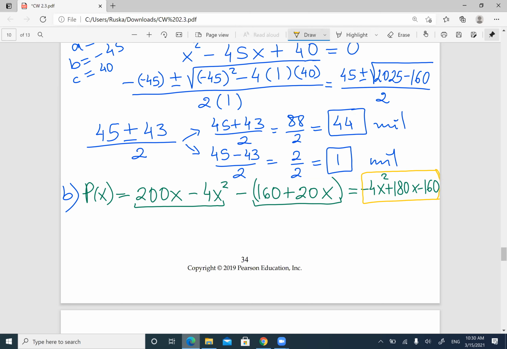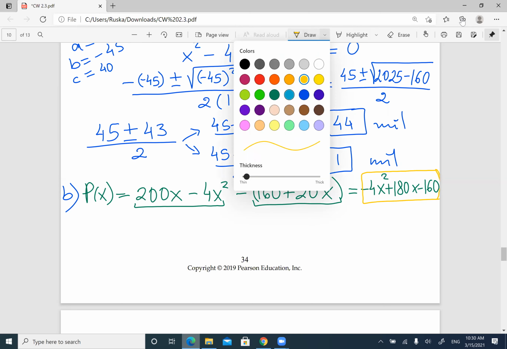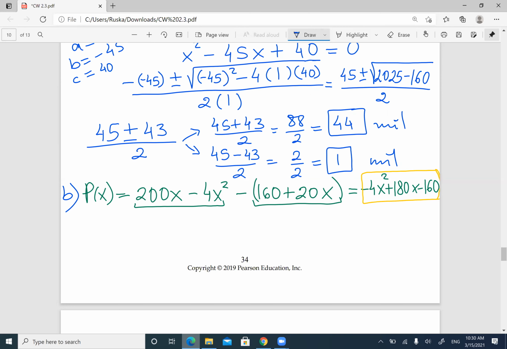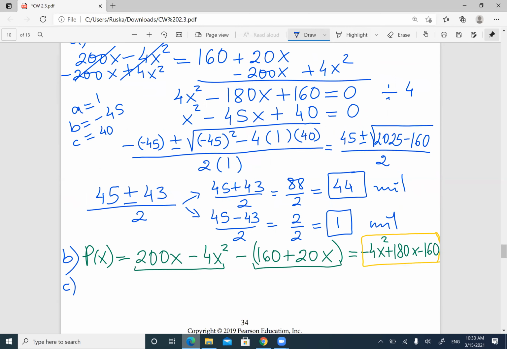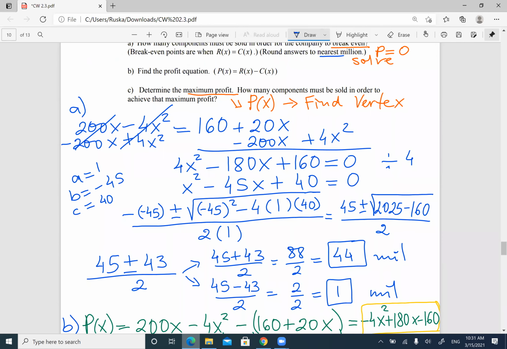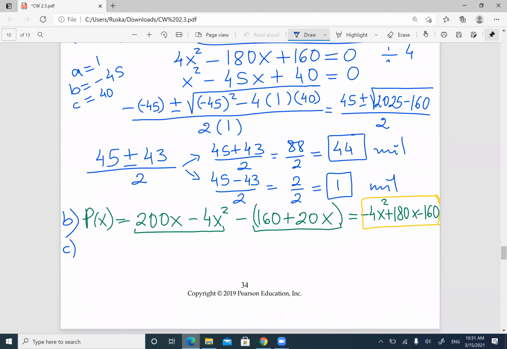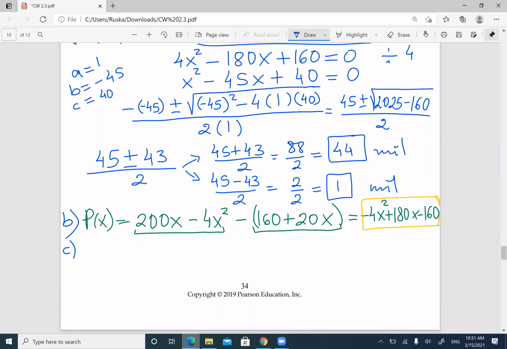Yes, ma'am. Okay, then you're going to go to C, the next one, which asks us to find the maximum. See, C says, find the maximum profit. How many components must be sold to achieve the maximum? So finding the vertex, that's what you need to find. And here we're going to use the vertex formula. So in this profit equation, A is -4 and B is 180.